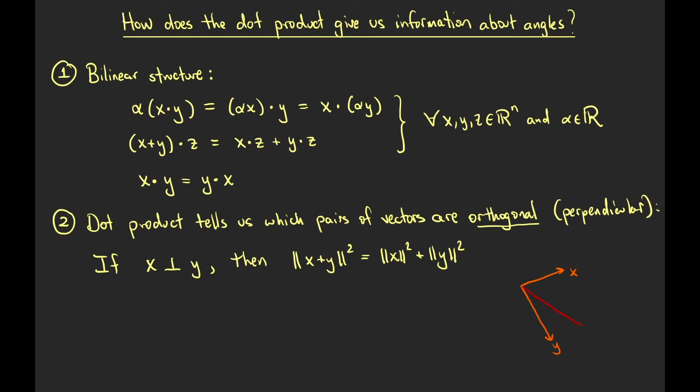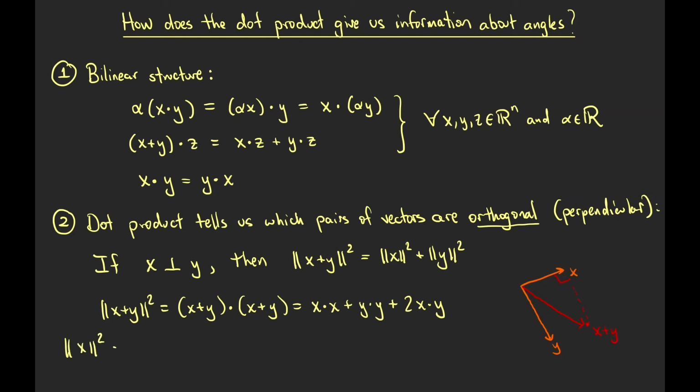So the length of x plus y squared is just x plus y dot x plus y. And that is the length of x squared plus the length of y squared plus 2x dot y. And that comes from the rules in part 1 above.